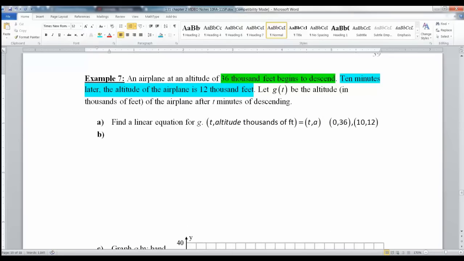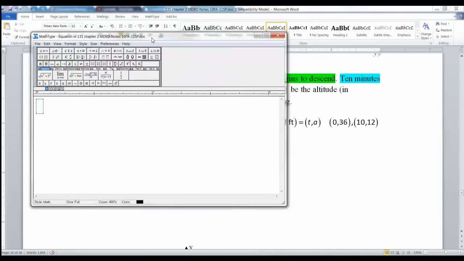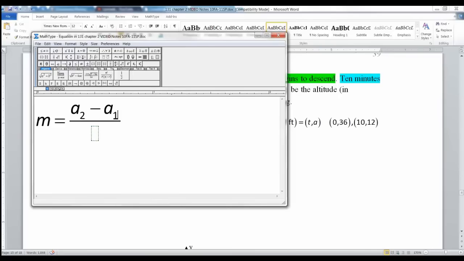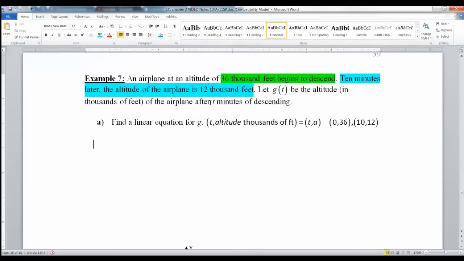Now I'm going to find the equation of a line from those 2 points. So I'm going to have to do m is equal to a2, a being my altitude, minus a1, or y2 minus y1, over t2 minus t1. Again, I'm not using x and y here. I'm using a and t. You kind of do have to use the t's because they gave you t.